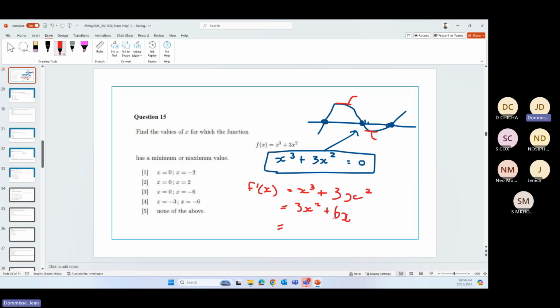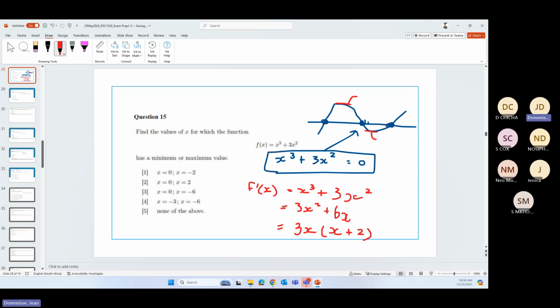Okay, so let's see. There's a free x in both of them that I can take out. So what's left in your first one is x. What's left in the second one is +2.